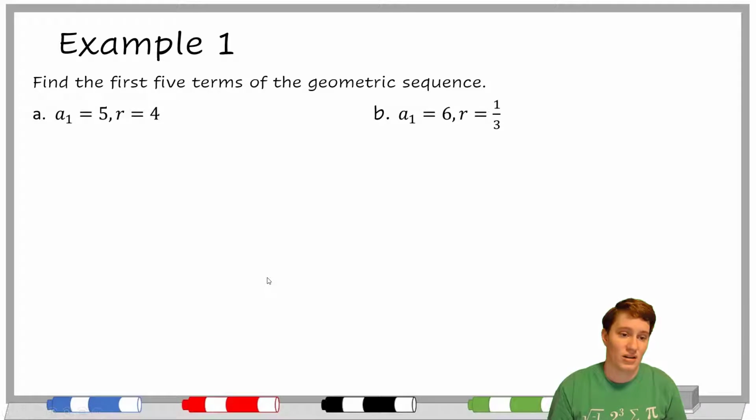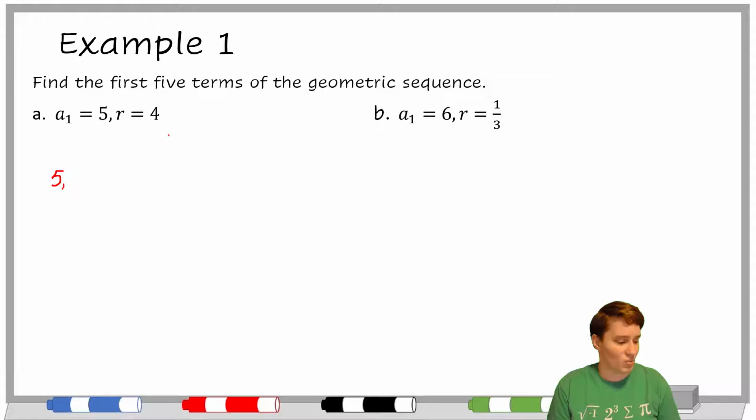So example 1: find the first 5 terms of the geometric sequence. We're given the first term on each of these, so that's nice. This would be 5. And then we're given the common ratio. So I need to multiply by 4 to figure out what the next term would be.